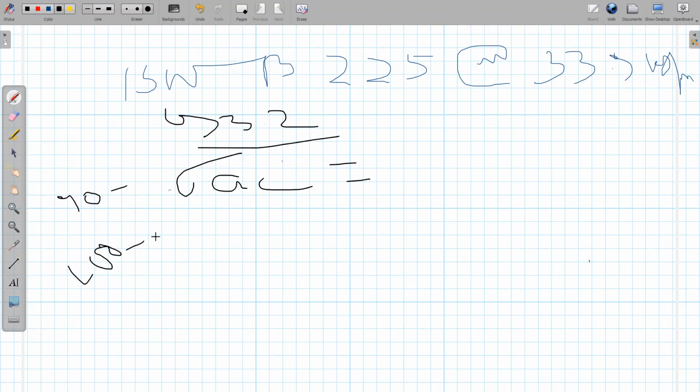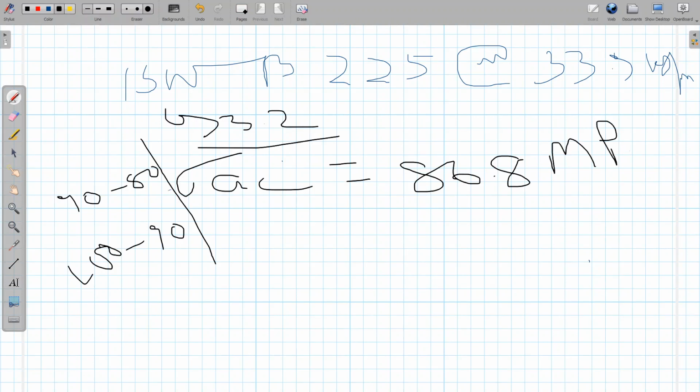For 100 the value is given as 80, and for 90 the value is given as 90. Just do the calculation. I am not showing it once again here; you check it out. For 93.2, the calculation comes out approximately 86.8 MPa.